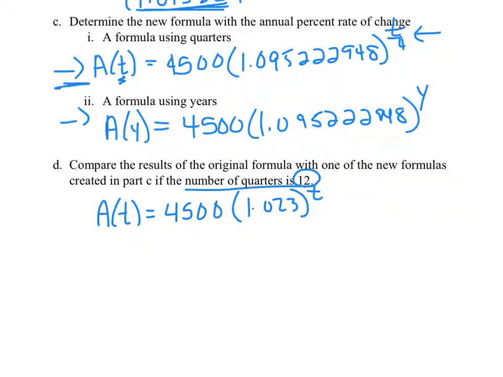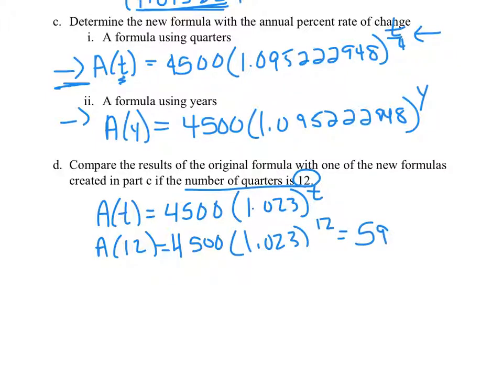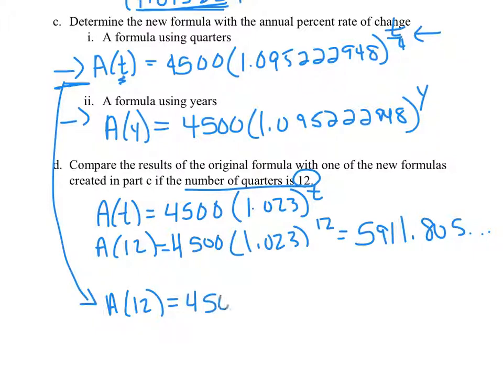If I do this as A of 12, plugging 12 in here, what I'm going to get is 5,911.80, whatever, etc. And I put it in this formula, so A of 12 equals 4,500 times 1.095222, whatever, to the 12 over 4.